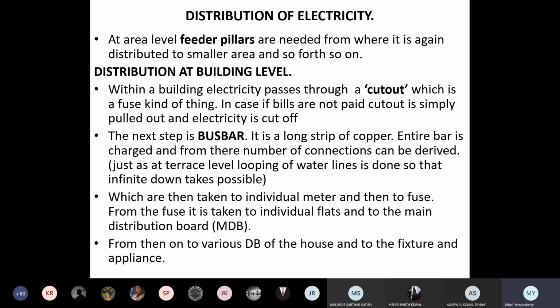They are the red pillar boxes with a cross, bones and a skull marked on them, telling you that this is electricity and not the telephone one. From those feeder pillars, it is supplied to probably a neighborhood of 20, 30 buildings. So basically it's a layout of conduits under the road, from which you will take probably one wire inside your building. Now that wire, guys, you have to understand.